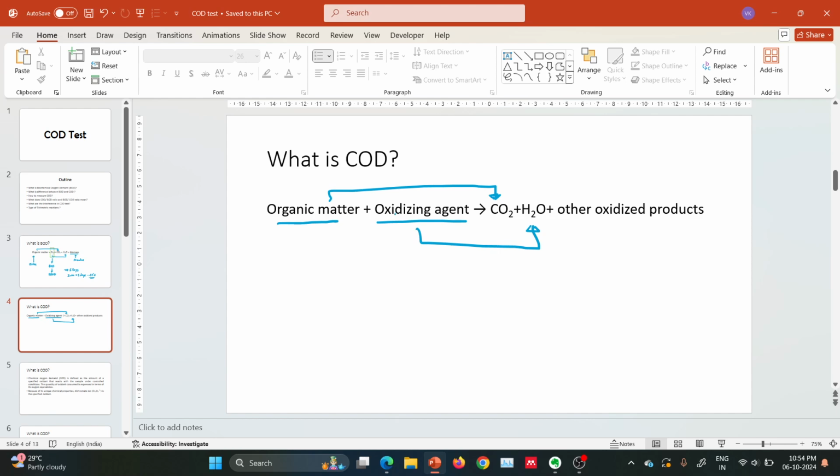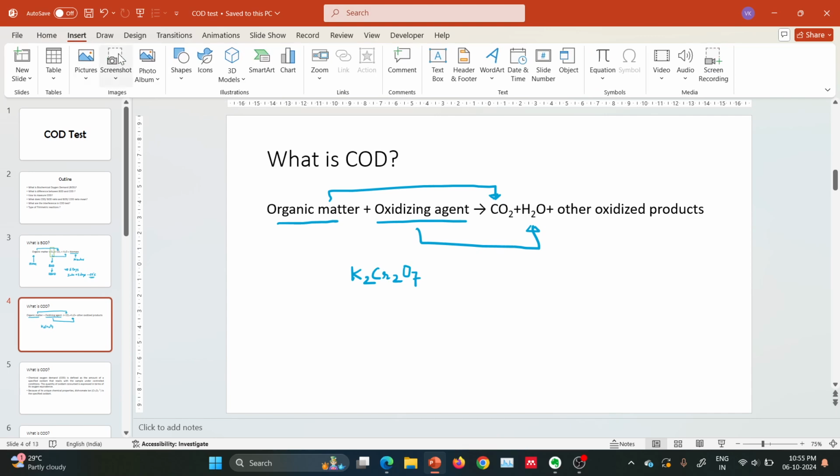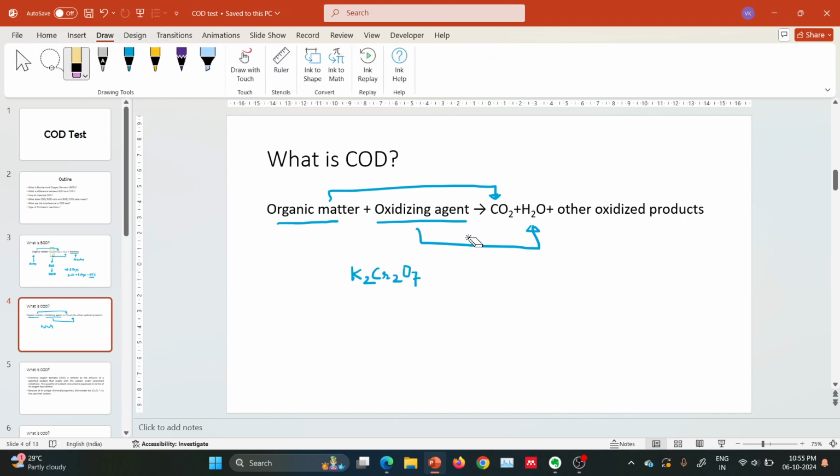Here the oxidizing agent is dichromate, K2Cr2O7, sorry.